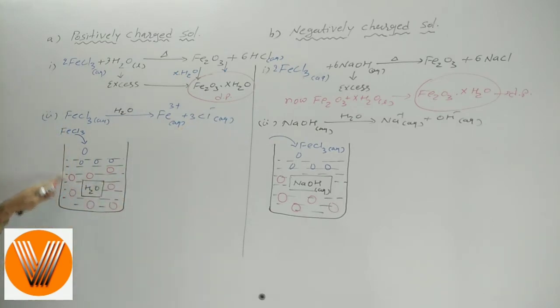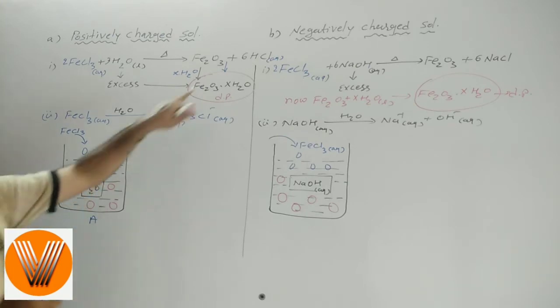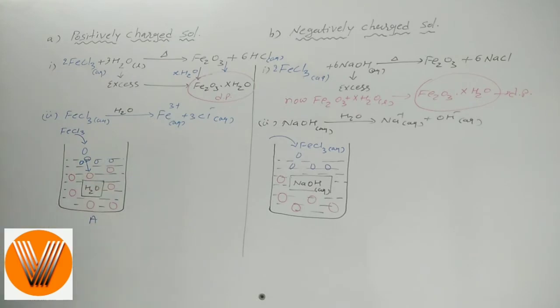You can see here in beaker A, we will take H2O, warm and a little hot water, and add FeCl3 powder or in aqueous form, so it will chemically react with each other. That FeCl3 reacts with water molecules and produces ferric oxide, Fe2O3.